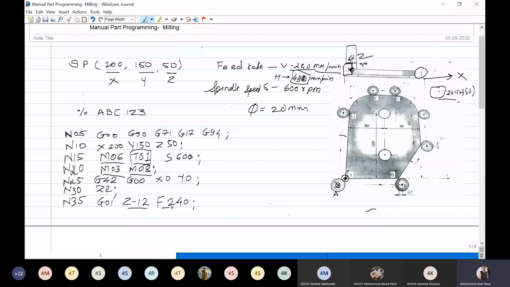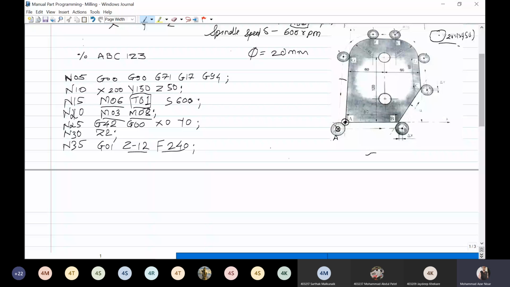Next, I have to move the tool from A to B. The A to B distance is 80. So the next programming line will be N40. G01 is continued, so we don't need to write G01 again.